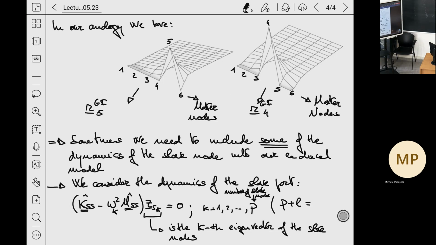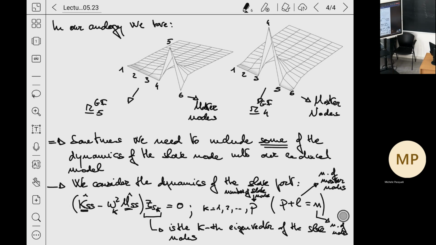Of N, the total number of nodes. So this is the number of master nodes, and this is the total number of nodes.